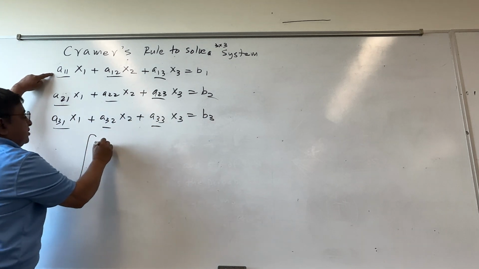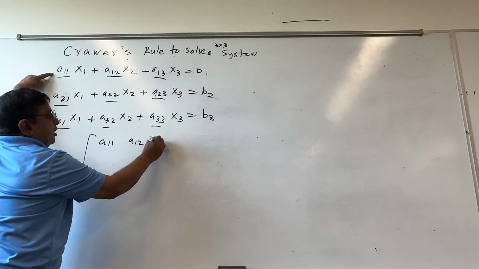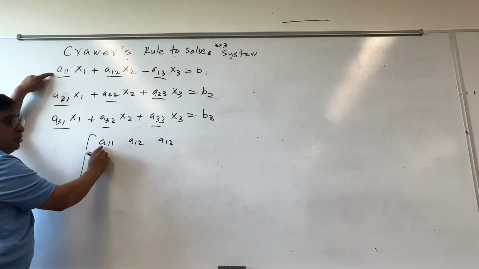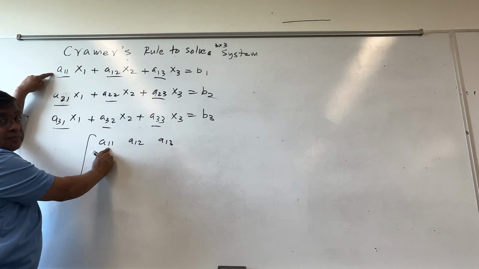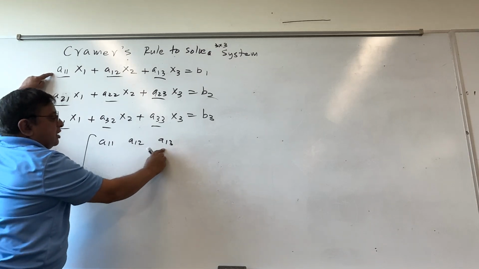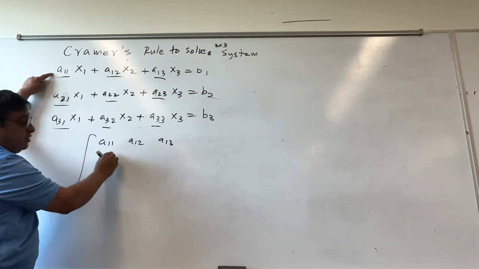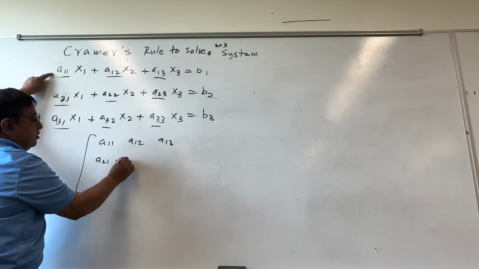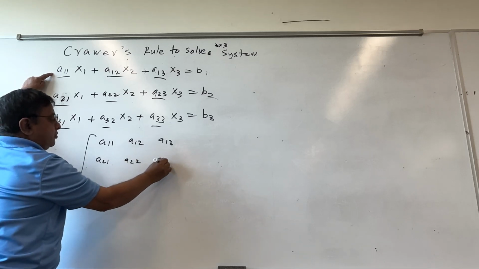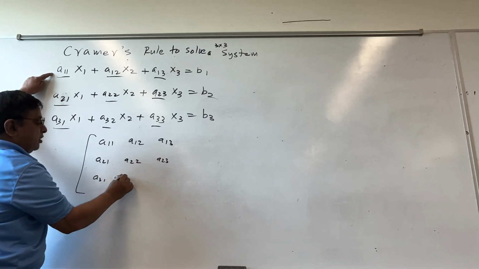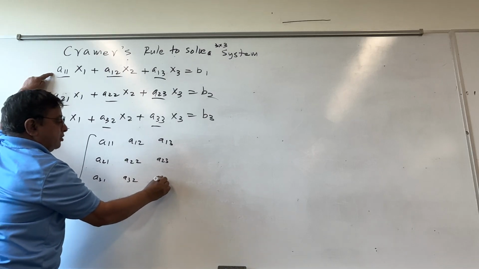So the first row is A11, A12, A13. Remember, in the first row, the first subscript is 1 and the second subscript tells you the column it is in. A21, A22, A23, A31, A32, A33.